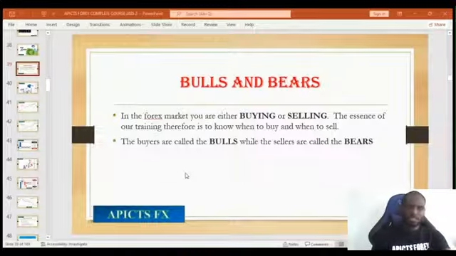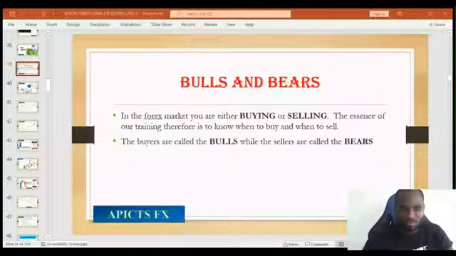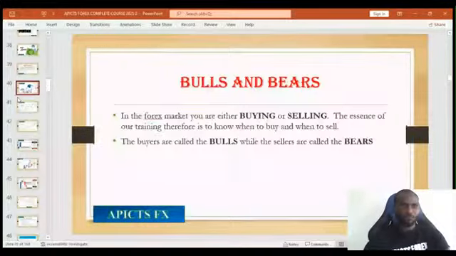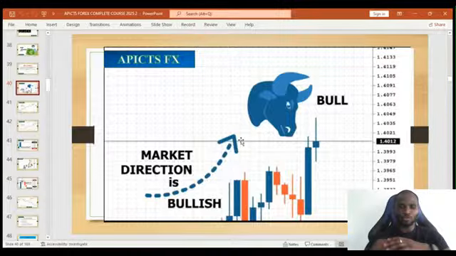And I think we're able to move further from there, so that when the market direction is bullish, it means that it is buying. We saw those words yesterday.